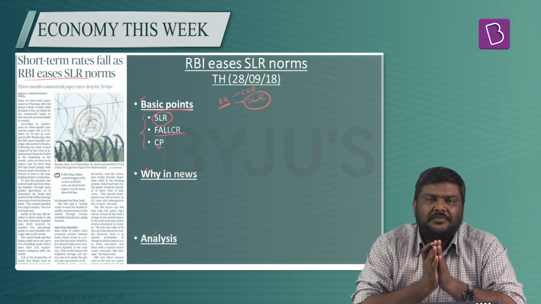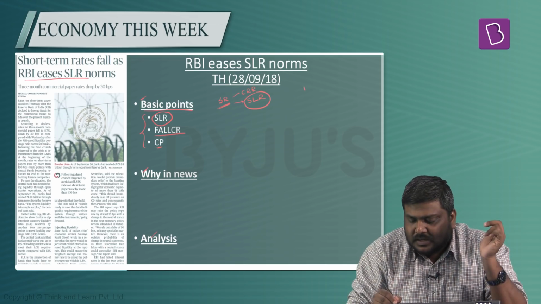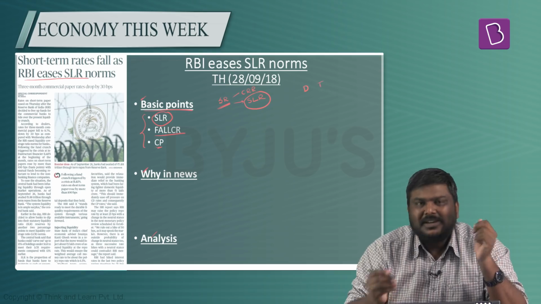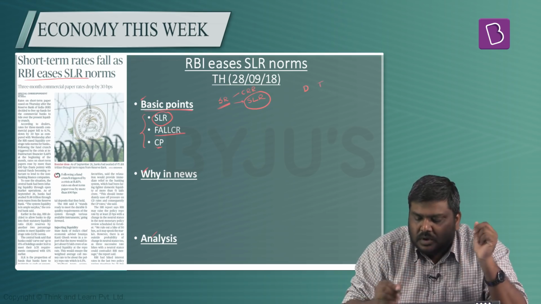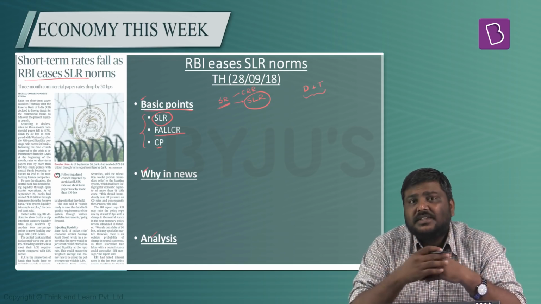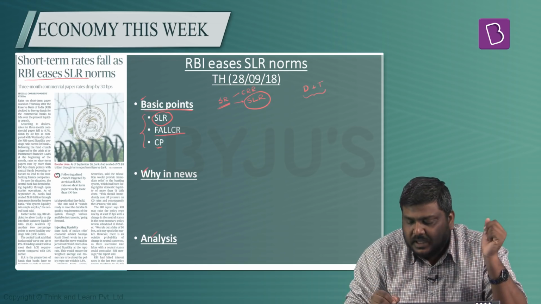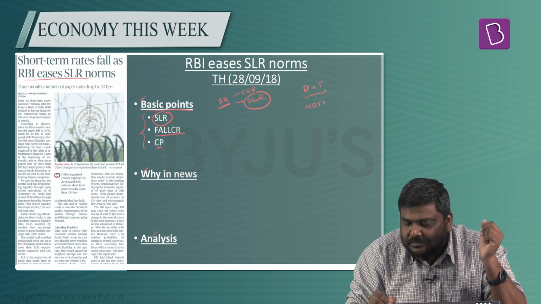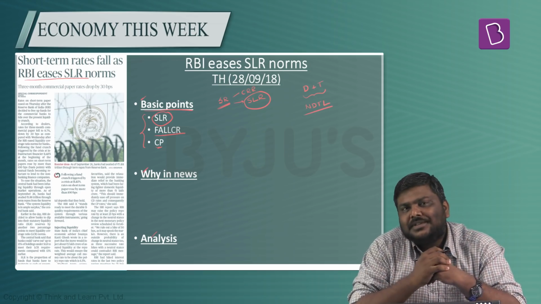Now, what is SLR? Every bank will collect demand deposits as well as time deposits. The sum total of the demand deposits as well as time deposits after adjusting for interbank deposits is referred to as NDTL, net demand and time liabilities.